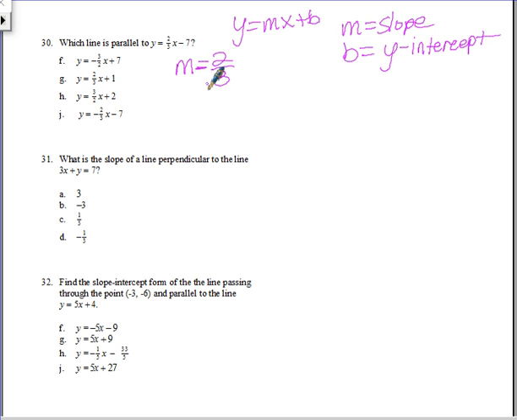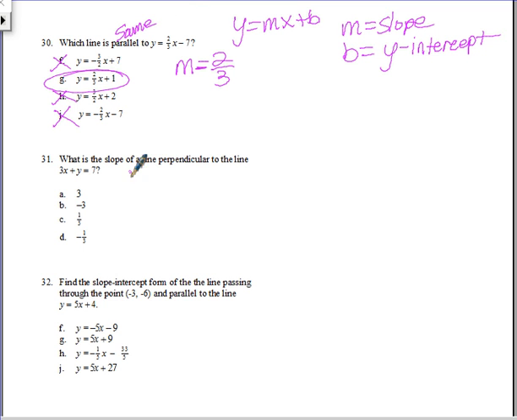Okay, rise over run. So the only one of these that has the same slope has to be G, because parallel means same slope. So that means that the m has to be the same.